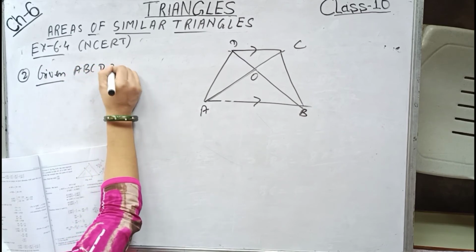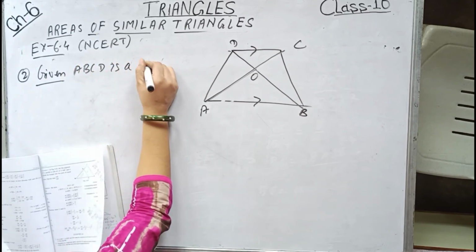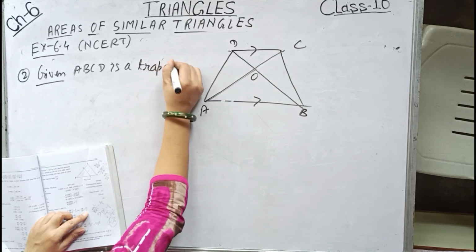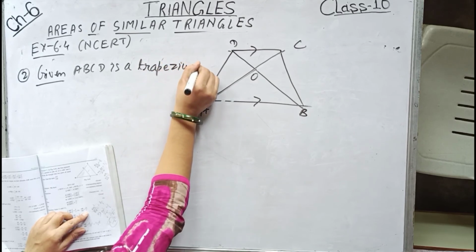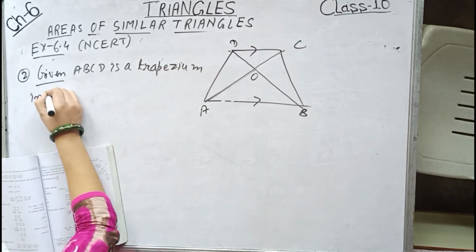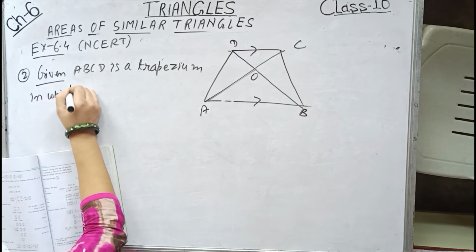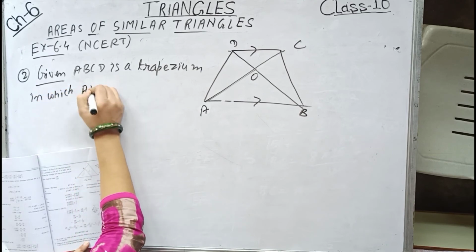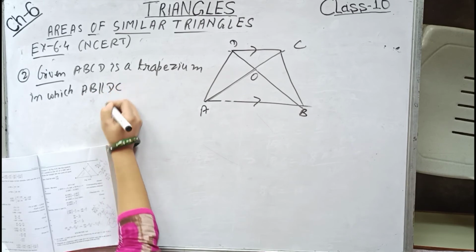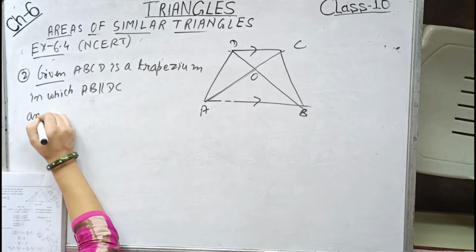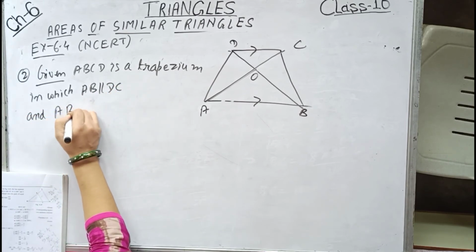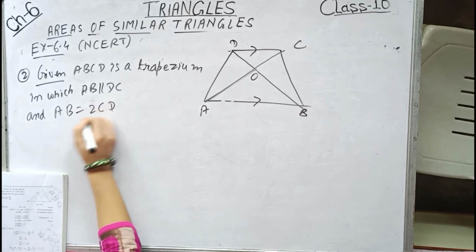ABCD is a trapezium in which AB is parallel to DC and AB equals twice CD.